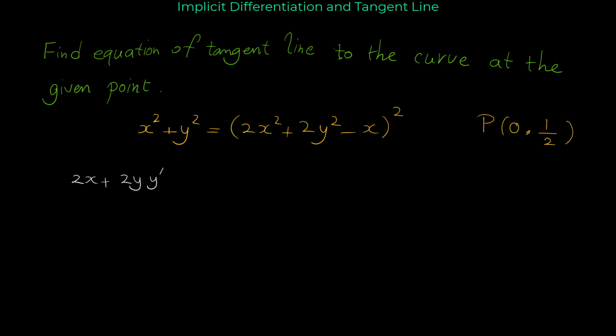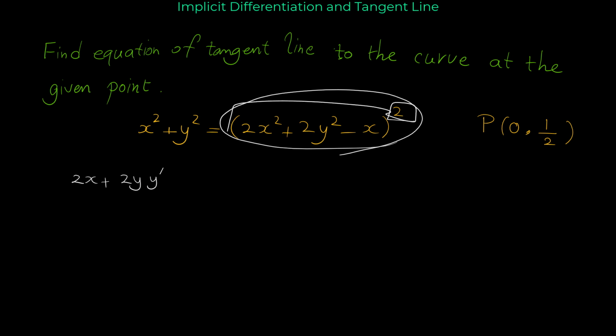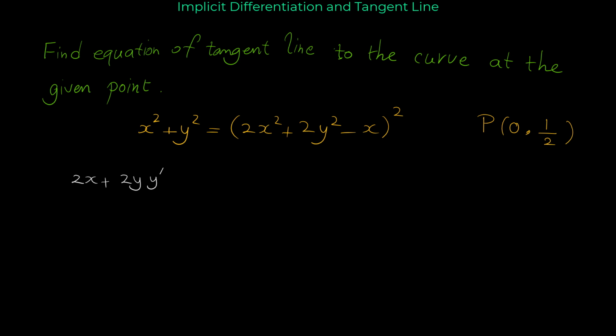Now let's take the derivative of the right side of the equation. For finding the derivative of this, we use the power rule. We bring the power in front and we subtract 1 from the power, so we make this power 1. But don't forget to multiply by the derivative of the inside.